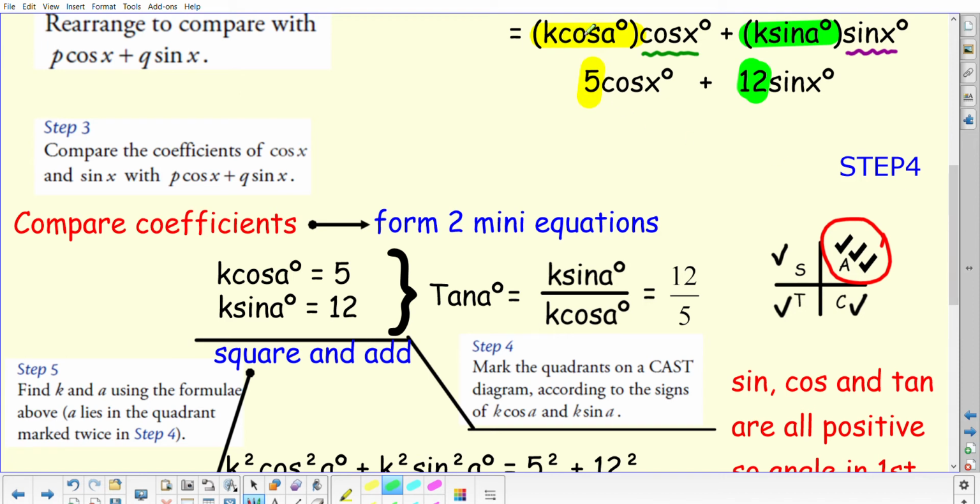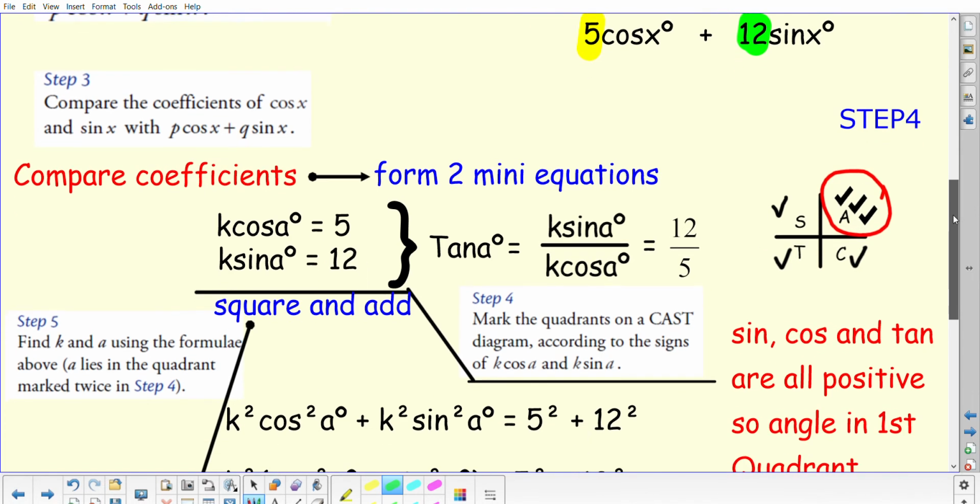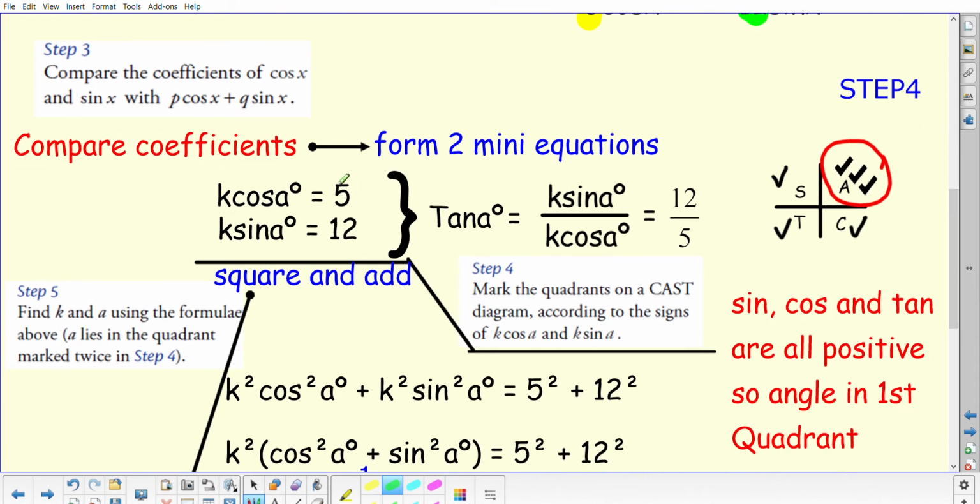So what we write down is that k cos A needs to be equal to 5 and k sin A needs to be equal to 12. Okay, so that's us down at step 3, where you compare the coefficients, and when you produce these two equations, that's what you get.